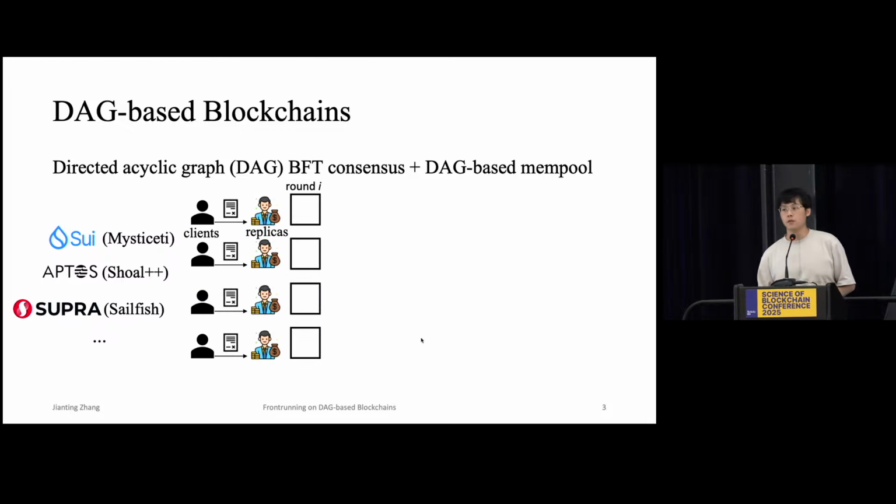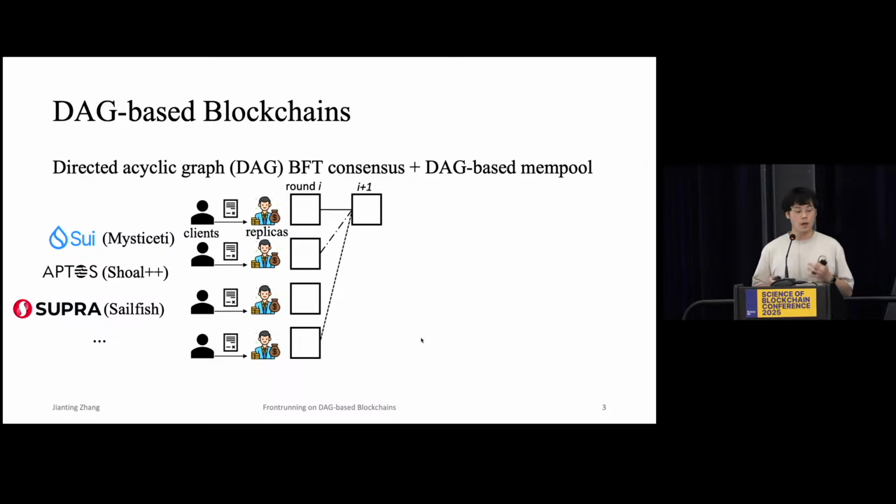What are the differences between DAG-based blockchains and the others? In a DAG-based blockchain network, clients send their transactions to designated replicas. Replicas can propose blocks with their received transactions in parallel, and they repeat this process round by round.